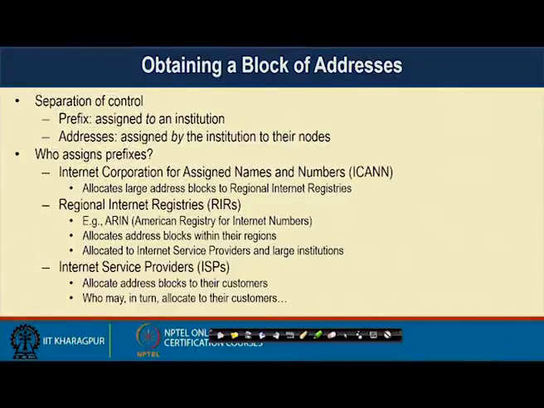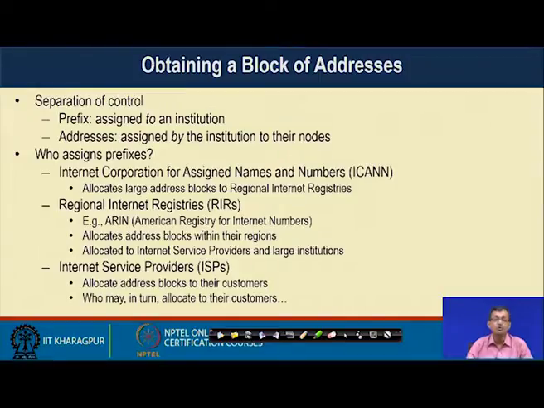And who assigns prefixes at the top level? There is a consortium called the Internet Corporation for Assigned Names and Numbers, ICANN, which allocates large address blocks to regional internet registries, like ARIN, the American Registry for Internet Numbers.